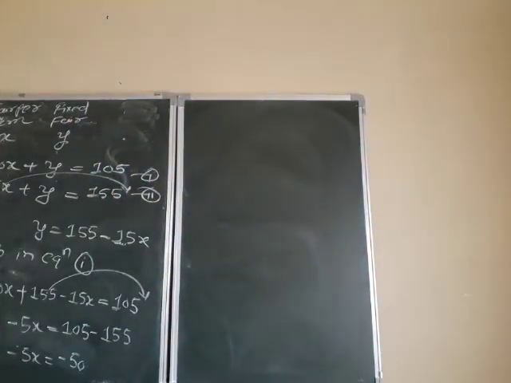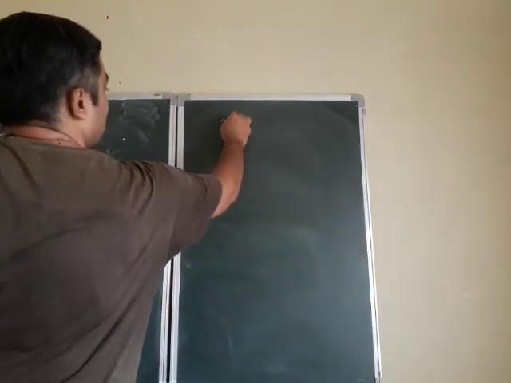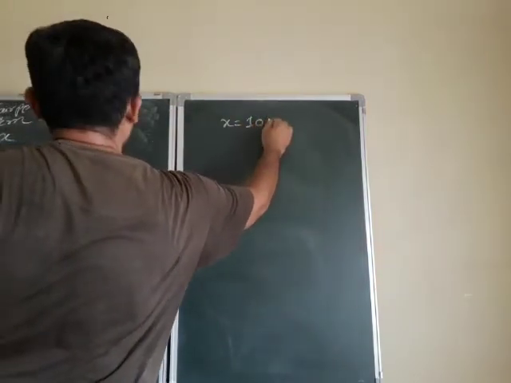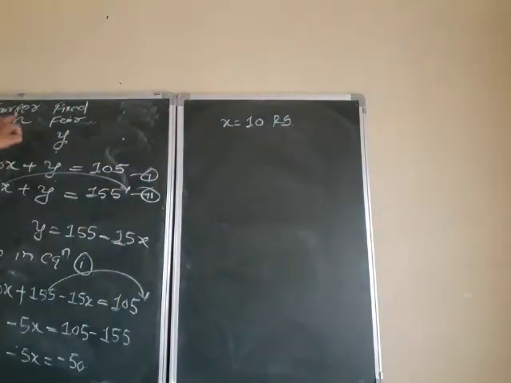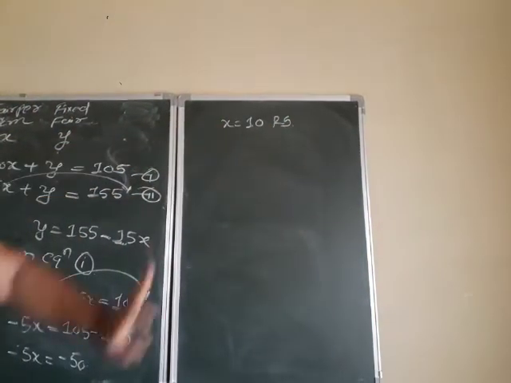Minus 5x is equal to minus 50, therefore x is equal to 10 rupees. x is the charge per kilometer, so the per kilometer charge is 10 rupees.